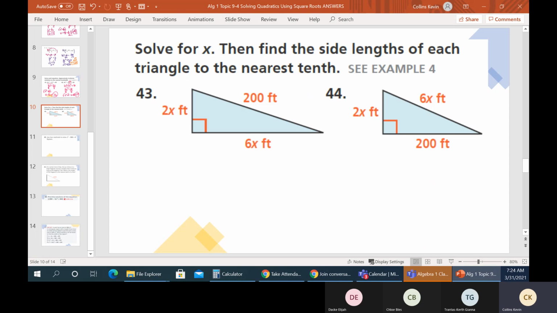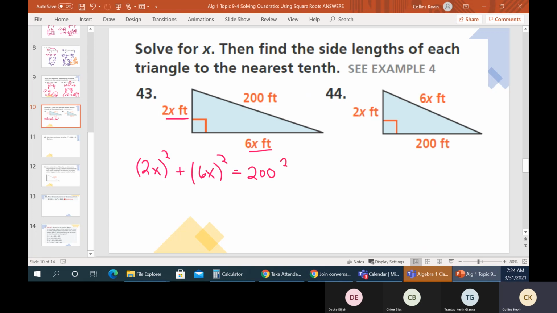So that means the two small sides, we square them, so I've got 2x, I'm going to square him, plus the other short side squared, so he's 6x, I'm going to square him, and that's going to equal 200, and I'm going to square him.